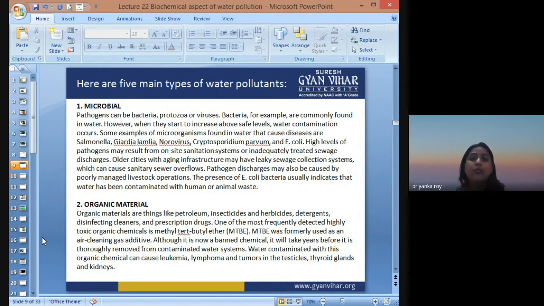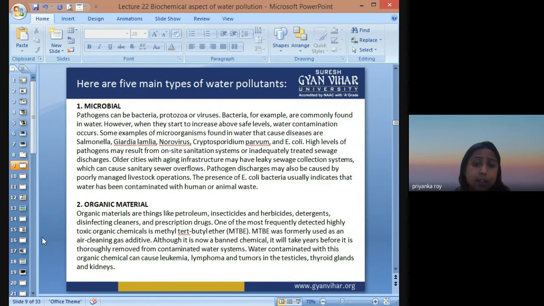Now, some examples of microorganisms found in water that cause disease are salmonella, norovirus, cryptosporidium, E. coli. E. coli is very common, and salmonella is very common as a microbial pathogen which gets mixed up in water bodies. High levels of pathogens may result from on-site sanitation systems, or inadequately treated sewage discharge.